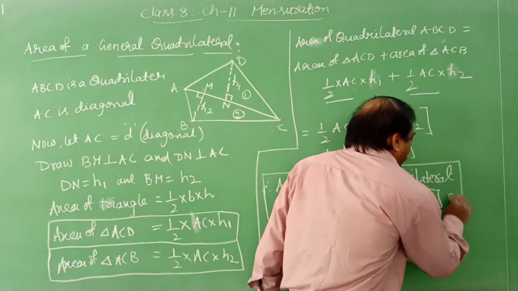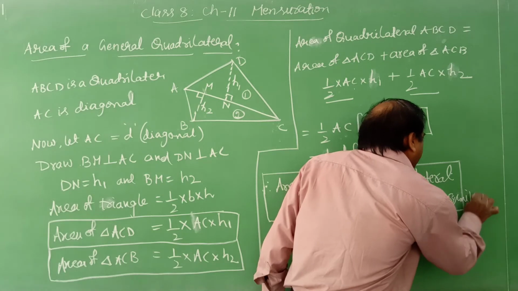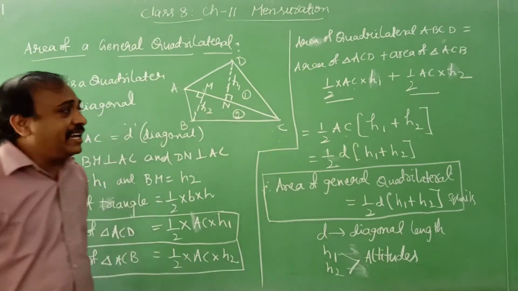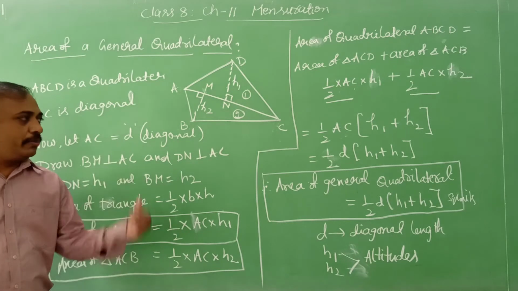Area is measured in square units. Is it clear? This is the area of a quadrilateral. I hope you understood.